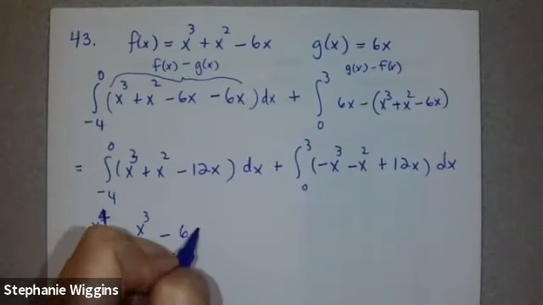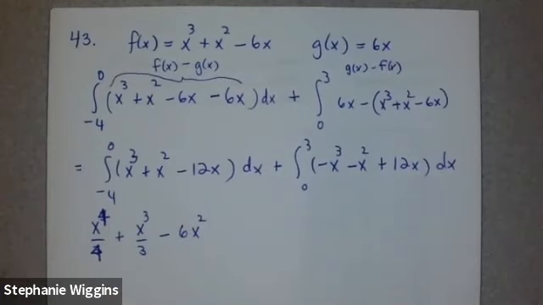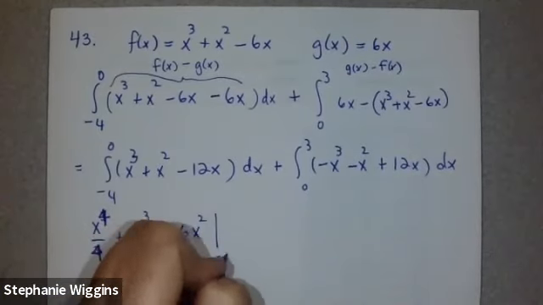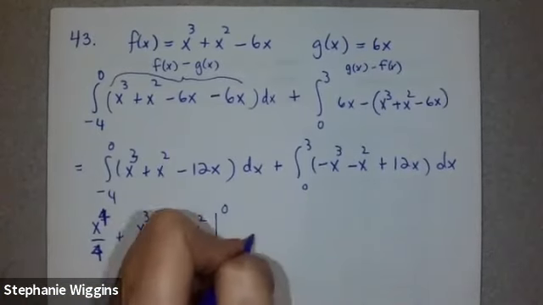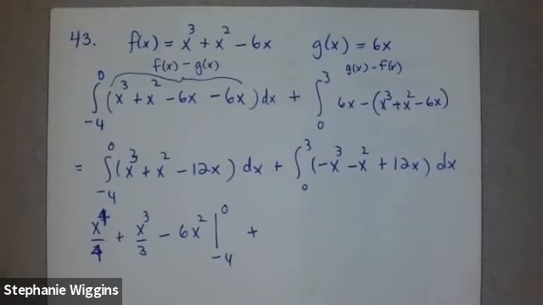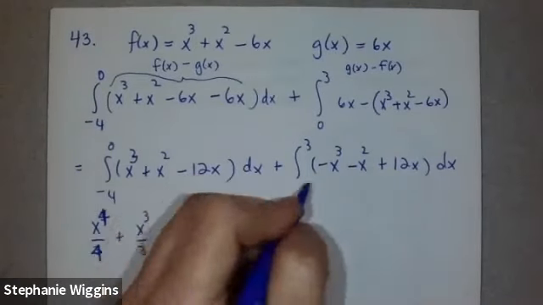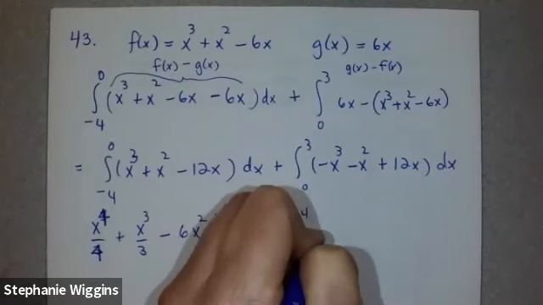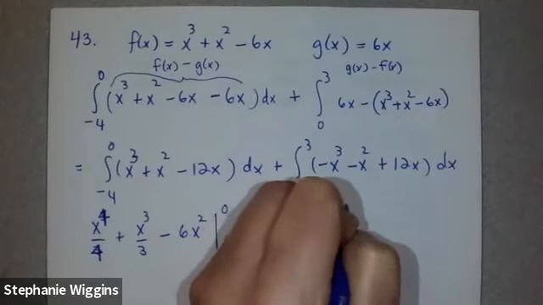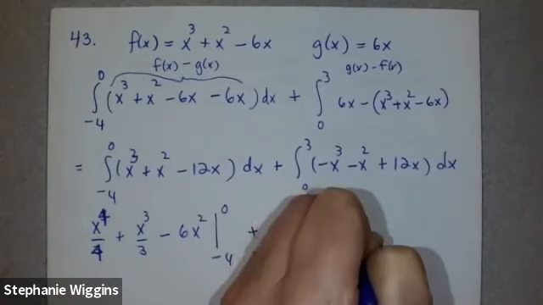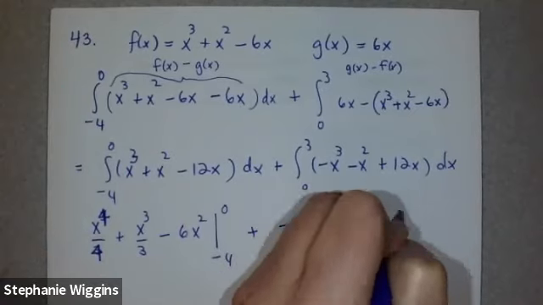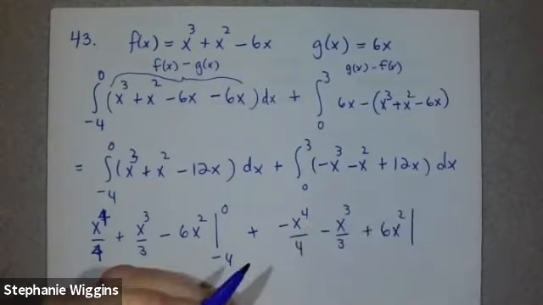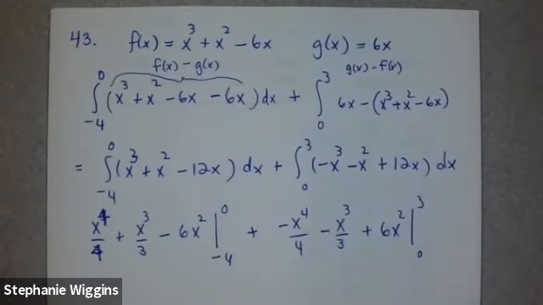So that's going to be minus 6x squared. That's the antiderivative evaluated from -4 to 0, plus minus x to the 4th over 4 minus x cubed over 3 plus 6x squared evaluated from 0 to 3.